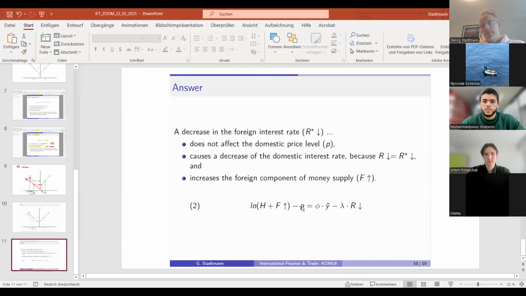And during the crisis, it was the case that the ECB had to lower the ECB interest rate to 0%, something like that. And then we can ask the question, what about Switzerland? How is Switzerland affected by this decrease of the foreign interest rate, by the decrease of the euro area interest rate? Yeah, Switzerland also has to decrease its own interest rate, has to intervene in the foreign exchange market.